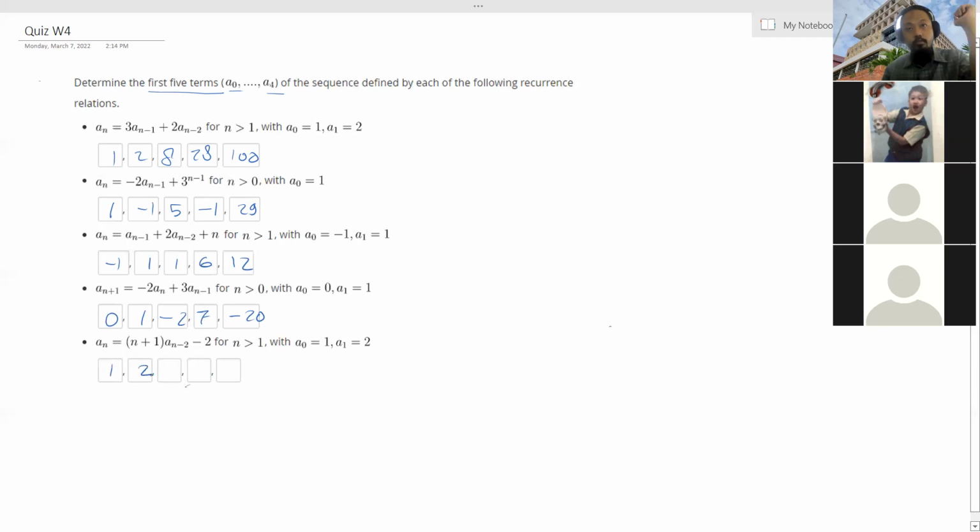Now, what about this one? 1, 2, 2, and 1. Then it's 2 plus 2 times 1 minus 2. Hold on a second. 3 times 1 minus 2. So it's 1. Yes. And then 6. 3 plus 1, so 4 times 2 minus 2, which is 6.